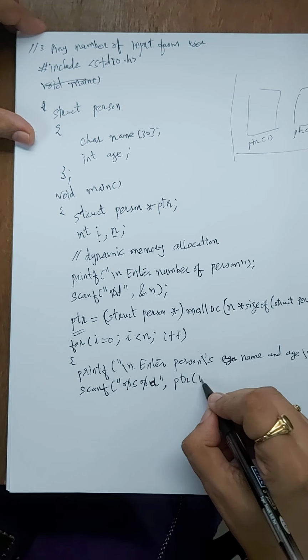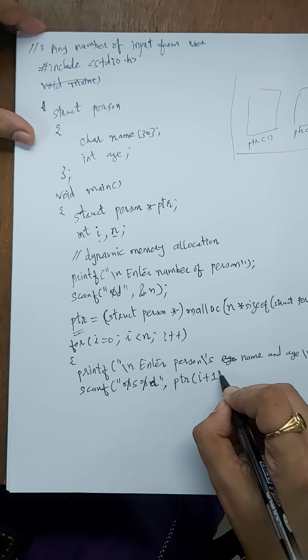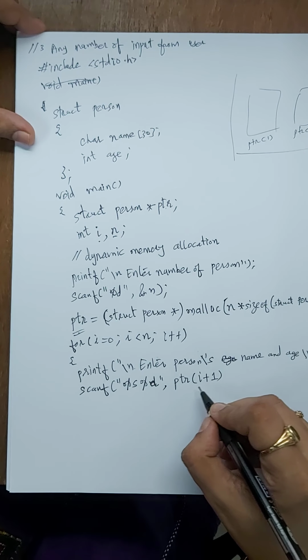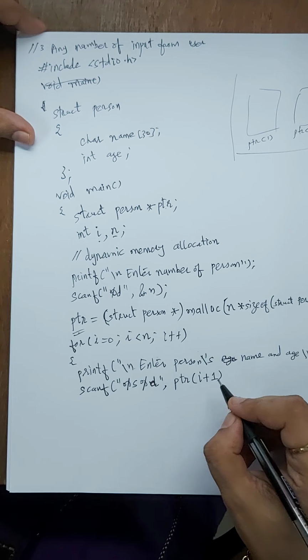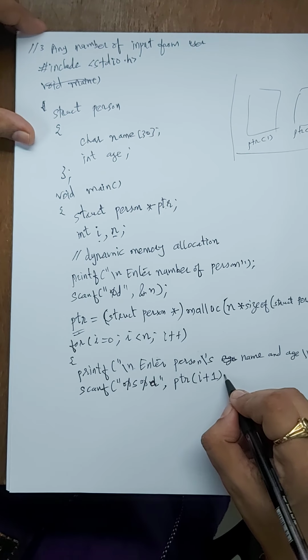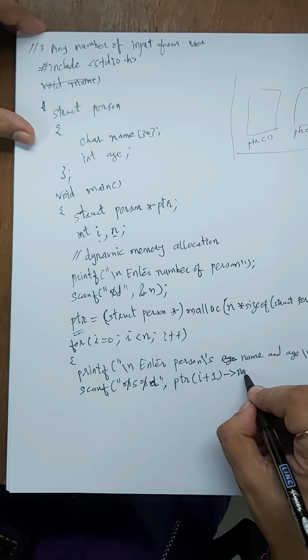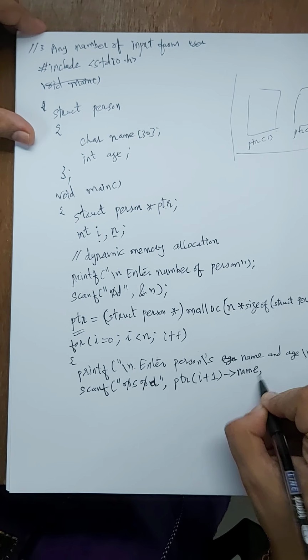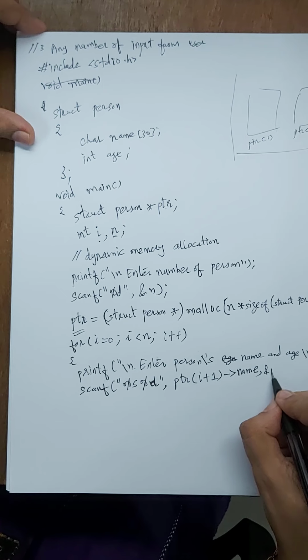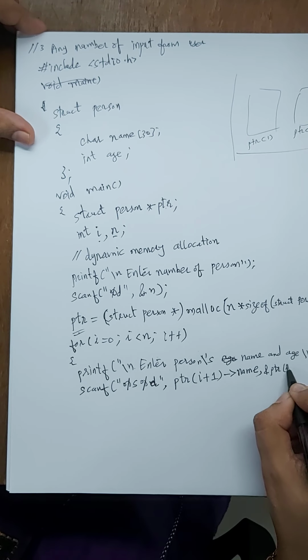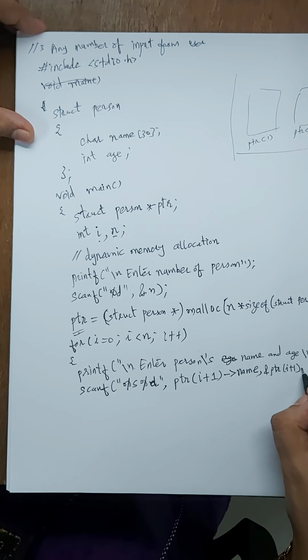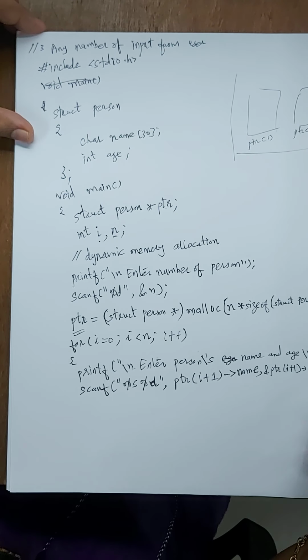Now here we'll write i plus 1. So if i is 0, then it is 1. If i is 1, then it is 2. So ptr i plus 1 pointing to name, comma, ampersand ptr i plus 1 pointing to age, right.